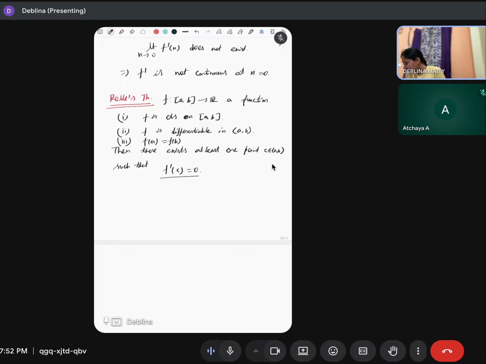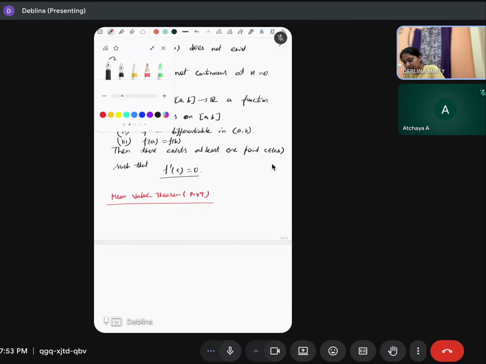And also there is the Lagrange mean value theorem, which we will write as MVT. This is a generalization of Rolle's theorem.